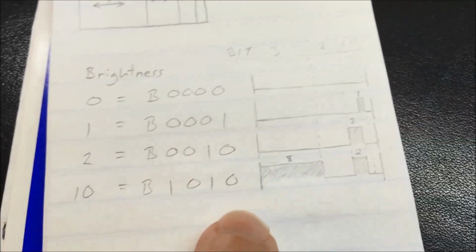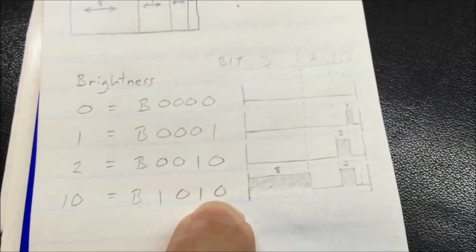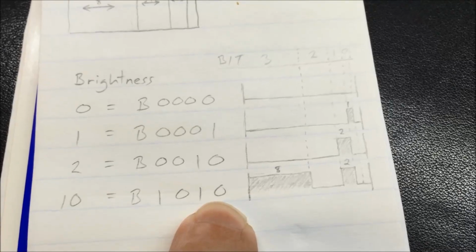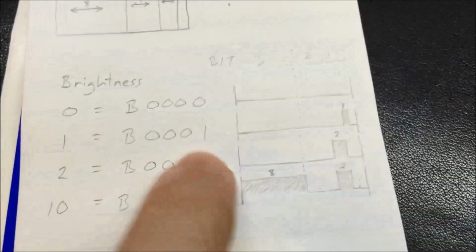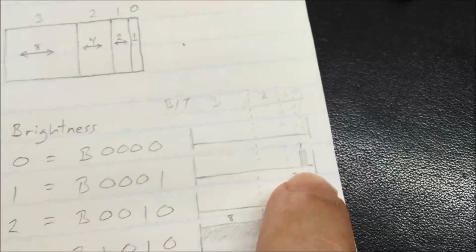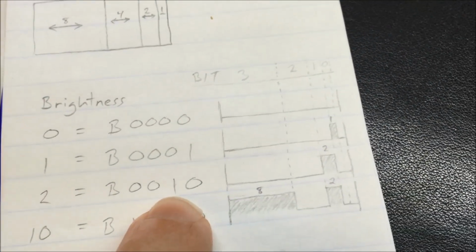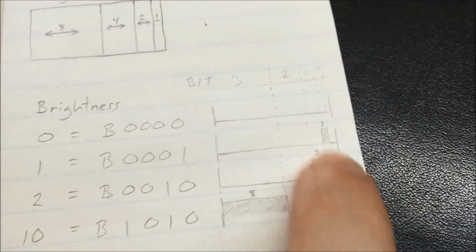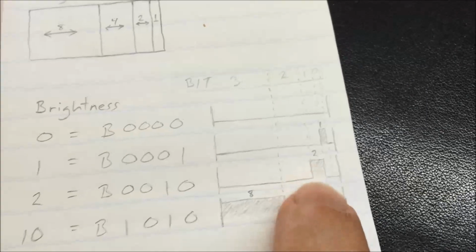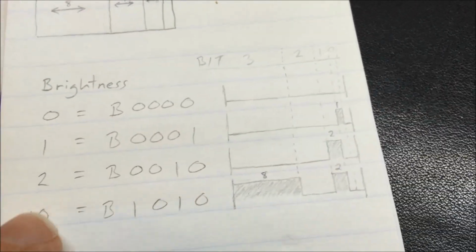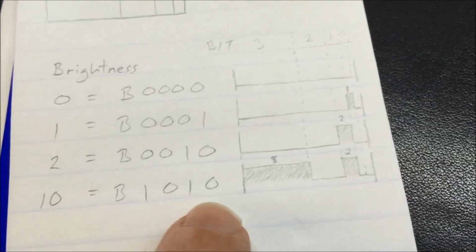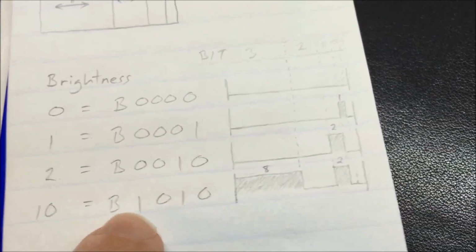So any one that's in the bit position 0 will be held on for 1 unit of time, whatever that unit of time is. And if it's in the second position, it'll be held on for double that, which will be 2 units of time. And then that goes all the way down. I just showed 10 because you get a 1 here and a 1 here.